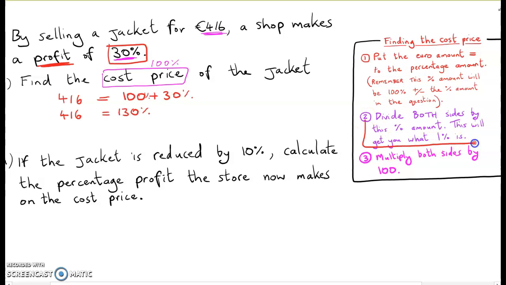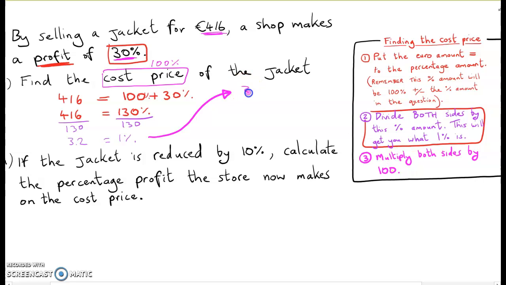Okay, what's step 2? Divide both sides by this percentage amount. Okay, 130, and divide over here by 130. What do we get? 416 divided by 130 is 3.2. 3.2 equals 1%. And then finally, we'll do it over here.